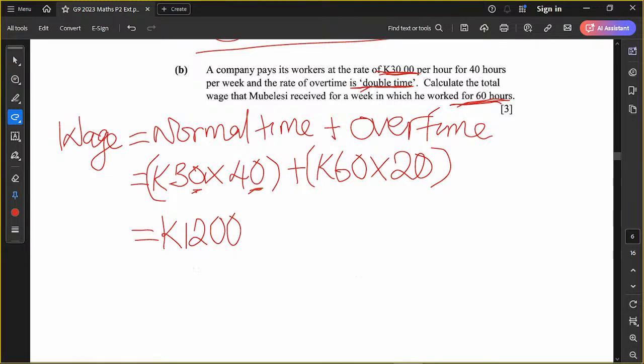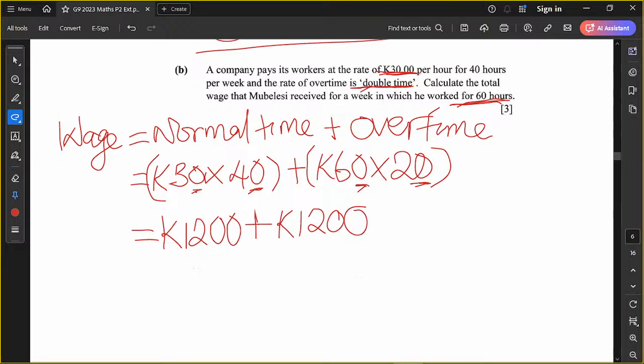Then we say plus overtime, and we do the same thing: we ignore the zeros. Then we multiply 6 by 2, which gives us 12. We remember the two zeros we ignored, and we bring them back. So we have 1,200 kwacha.